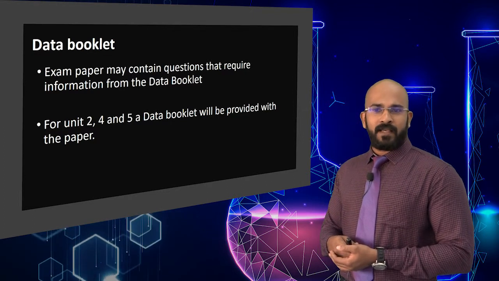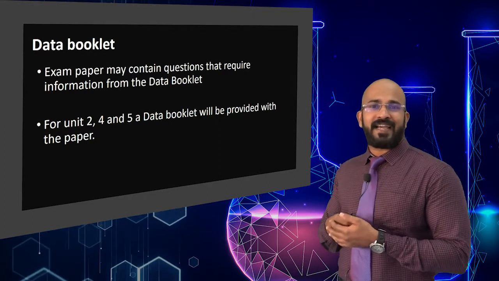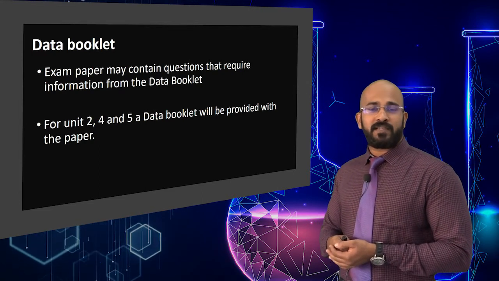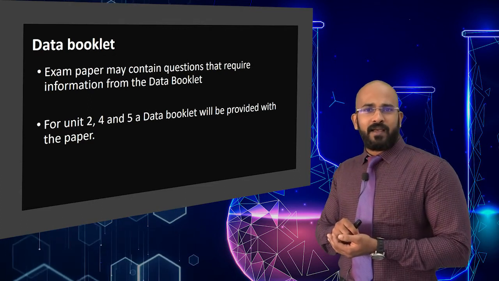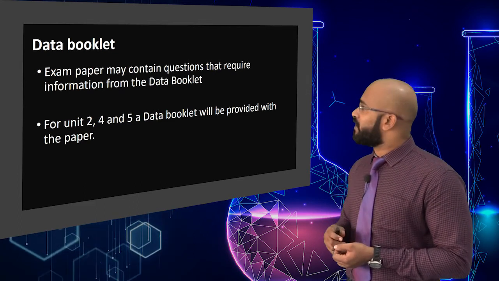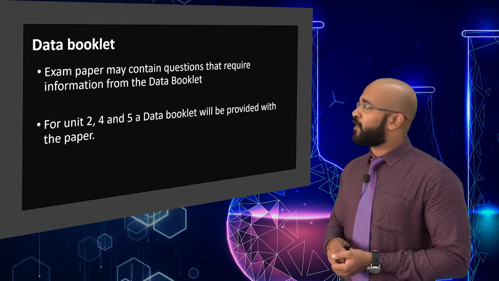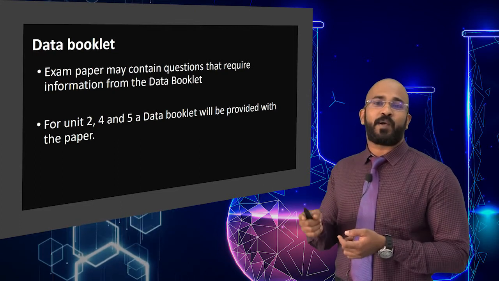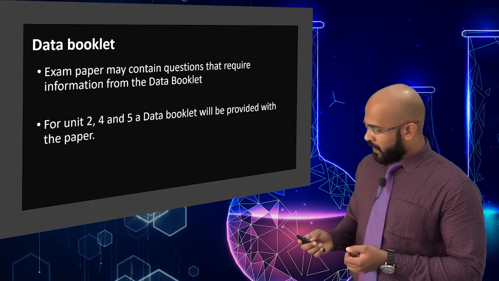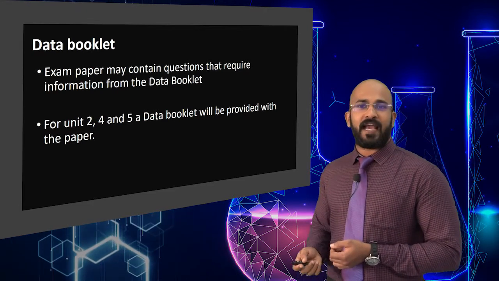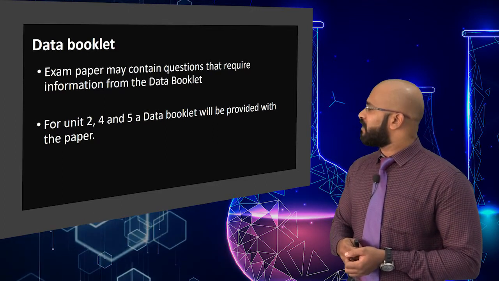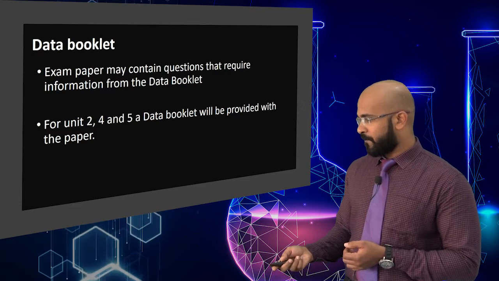For example, there is a titration question asking you to write the endpoint in which they have used an indicator named thymol blue. So, you might not be very familiar with that indicator. You can refer to the data booklet in order to get the color change at the endpoint. The data booklet will be provided along with Unit 2, 4 and 5 exam papers.